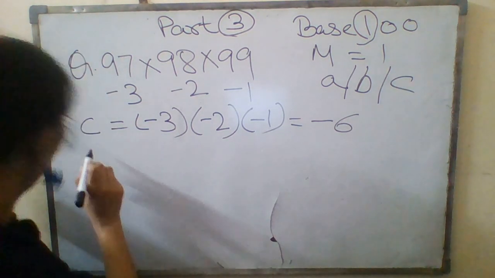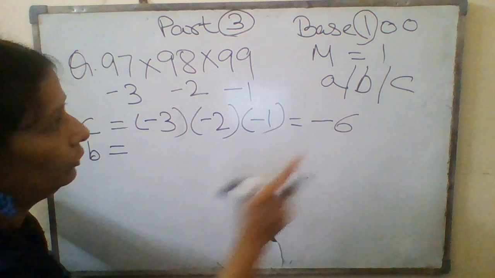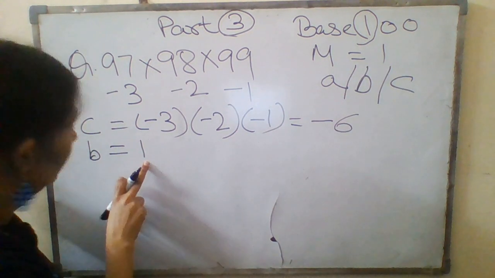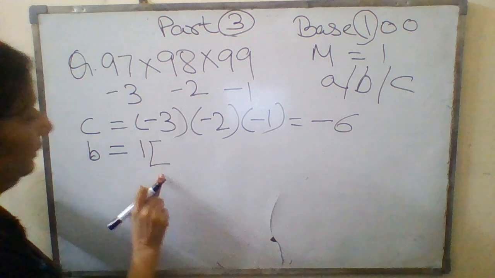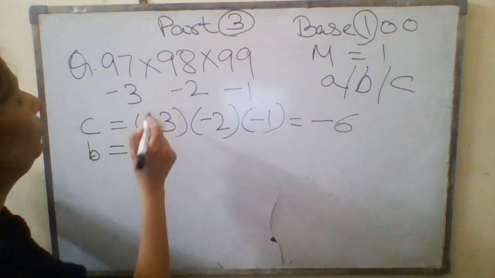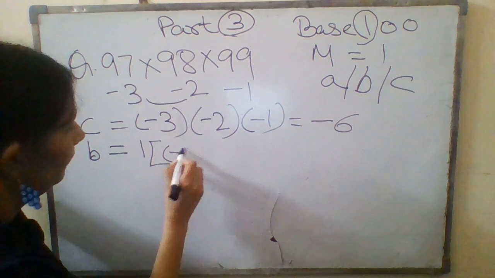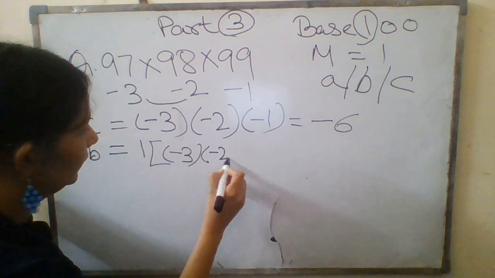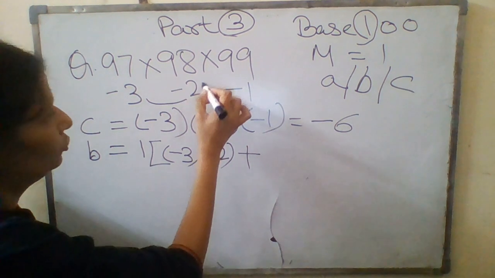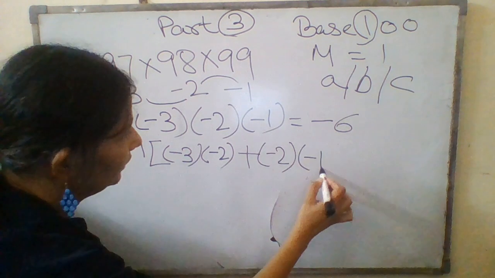Now you have to find the value of B. What will you do? Write down the multiplier, which here is 1, then in the bracket, this small bracket, you have to multiply two terms at a time. First two terms: minus 3 into minus 2. Then put a plus sign. Next two terms: minus 2 into minus 1.